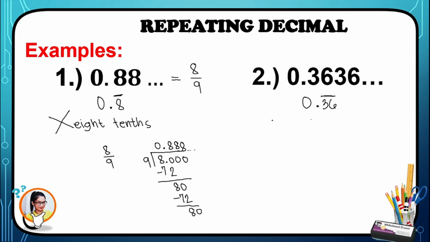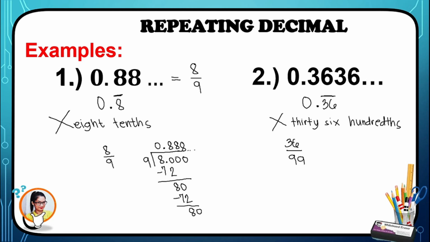This is not read as 36 hundredths. Why is it so? Because it is repeating. However, it's on the hundredths place, and therefore we'll subtract 1 from 100, which means we'll have 36 over 99.